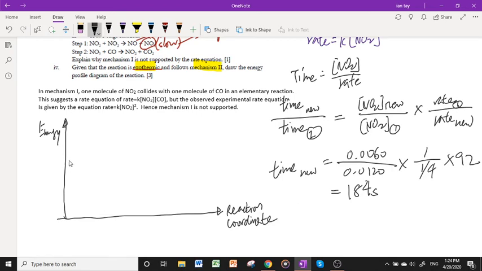And the first step is a slow step. I shall draw the intermediate a bit broader so I have space to write. And I would write now the reactants.